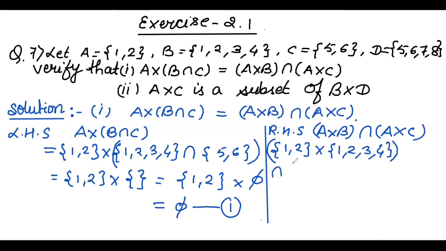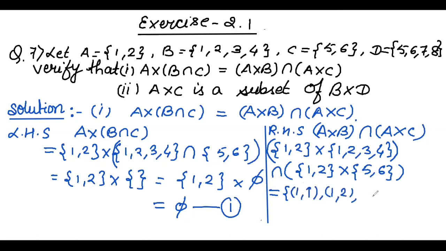We'll find out one by one. Here this is 1, 1, 1, 2, then 1, 3, then 1, 4. Next is here 2, 1, 2, 2, 2, 3 and 2, 4.